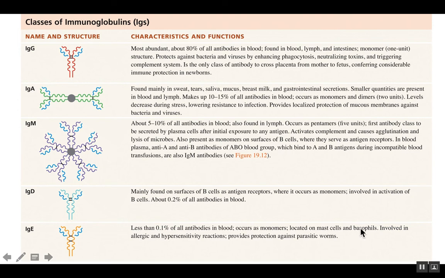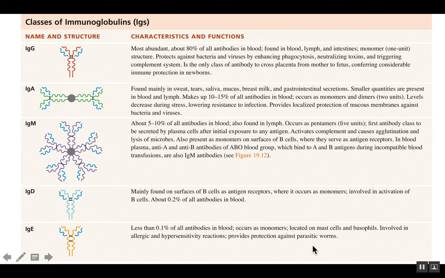And when they bind to antigens called allergens, it activates an allergic reaction, which we often call hypersensitivity. So people with allergies have a lot of these IgE antibodies kind of at the root of that inflammation and that reaction. They also have been found to help protect against certain parasitic worms.